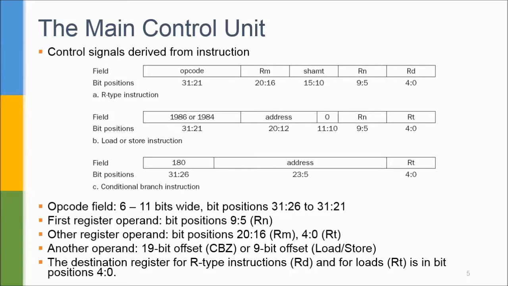So we will need to add a multiplexer to select which field of the instruction is used to indicate the register number to be read. Next, another operand can also be a 19-bit offset for compare and branch on 0 or a 9-bit offset for load and store instructions.